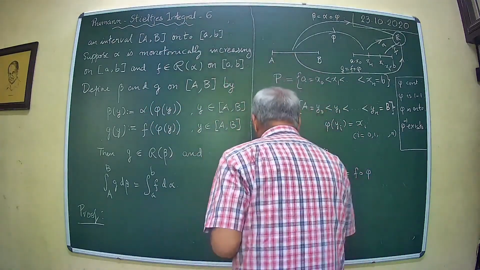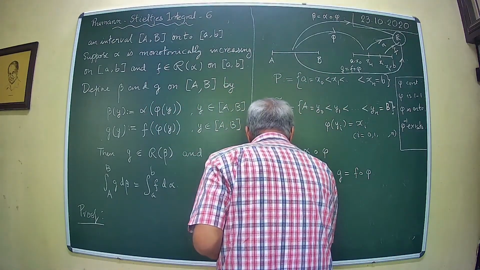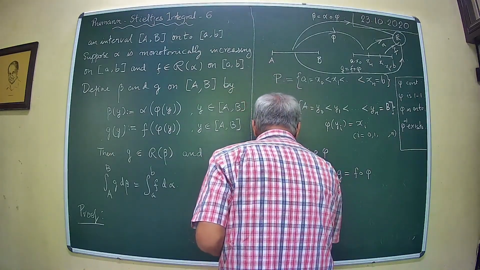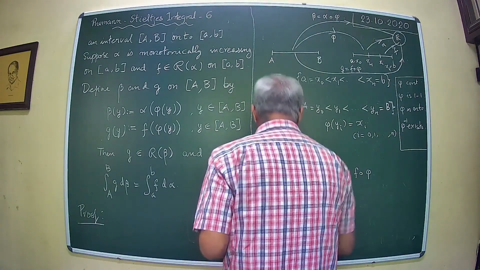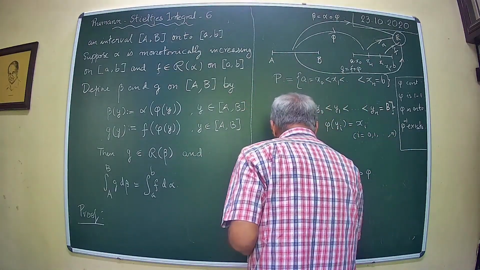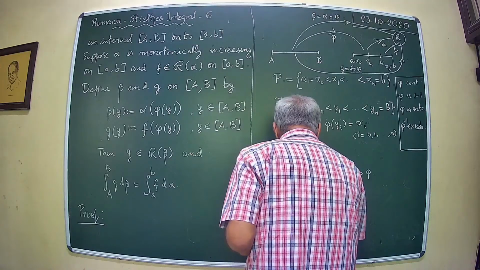This is what you are writing: U of P tilde, G, beta.